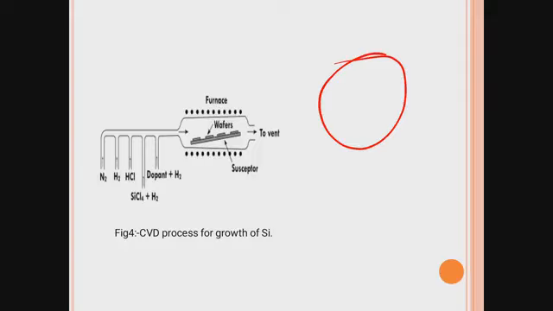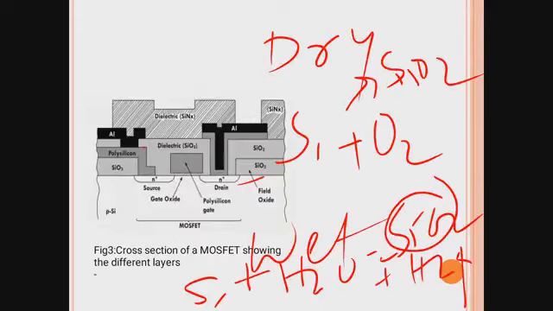A silicon dioxide layer is formed on the surface, as I have shown over here. The silicon dioxide layer is formed on the surface of the material, and it is also consuming the underlying silicon layer.